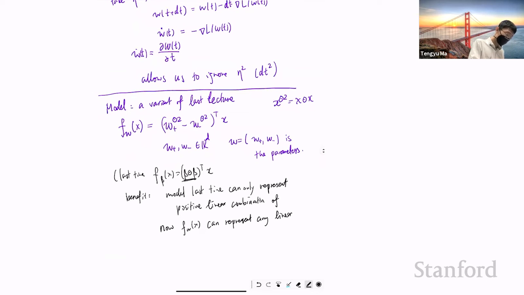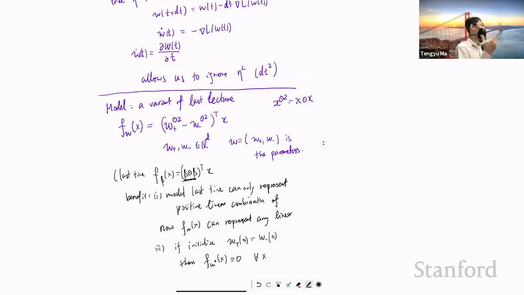Another benefit is that if you initialize w plus at time 0 to be equal to w minus at time 0, then as you can see, f_w0(x) equals 0 for every x, because the positive part cancels with the negative part.